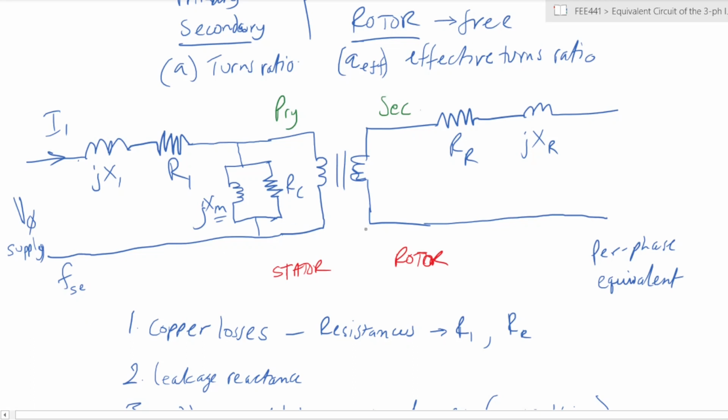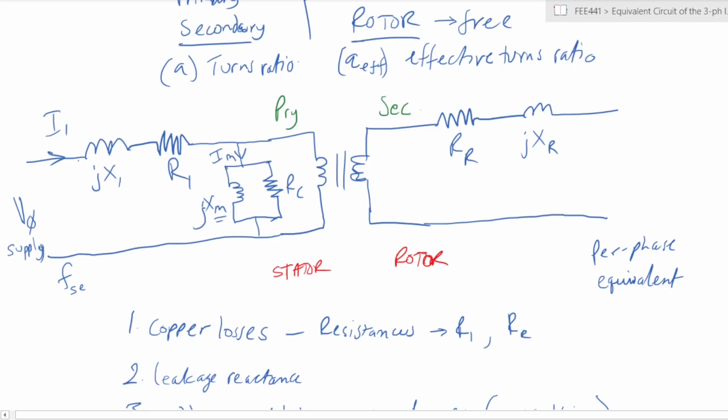Okay. And then at this other end, you would also have a current that passes through here, IM, which is your magnetizing current. And that magnetizing current is the one that we talked of, that is being lost in parallel to the, can we call it the ideal transformer ratio that is here.